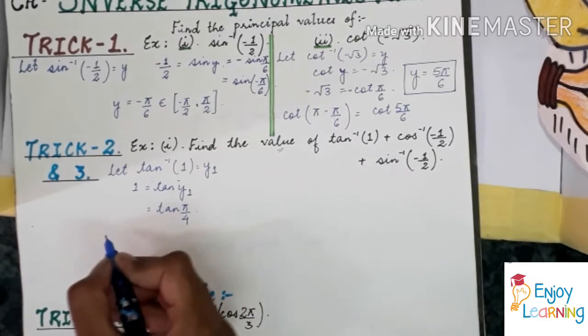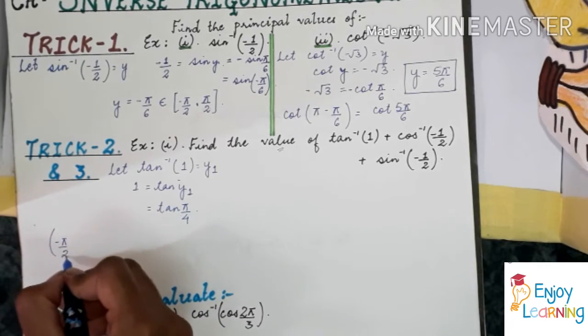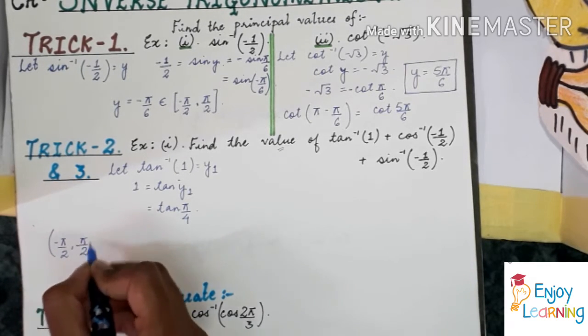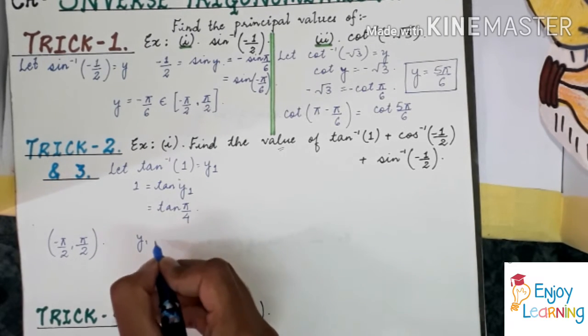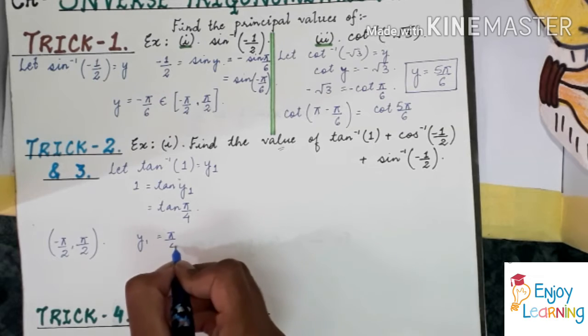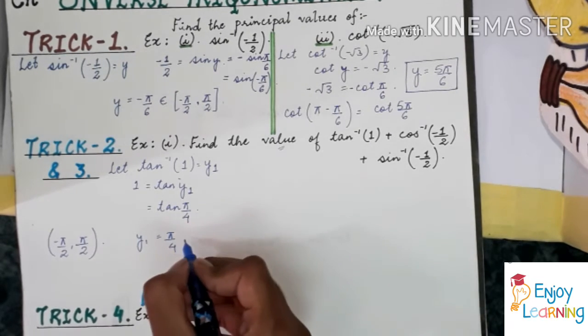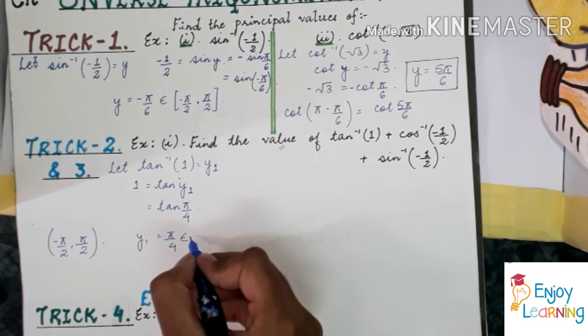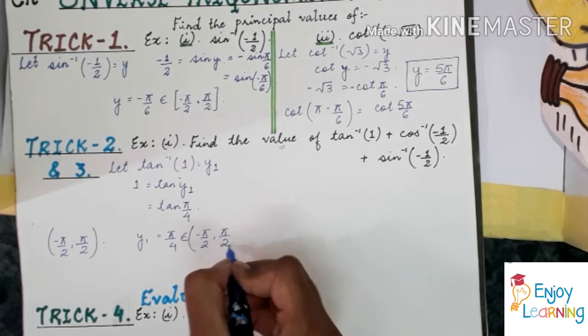It is from minus pi by 2 to plus pi by 2. So you can say that y1 is equal to pi by 4, 45 degrees, because it belongs to minus pi by 2 to plus pi by 2.